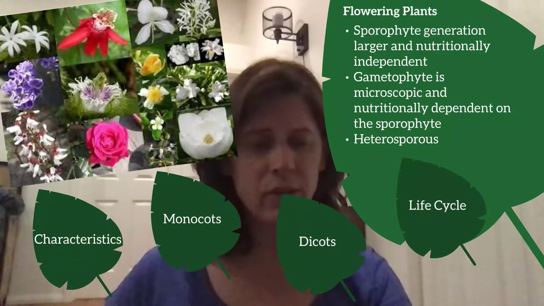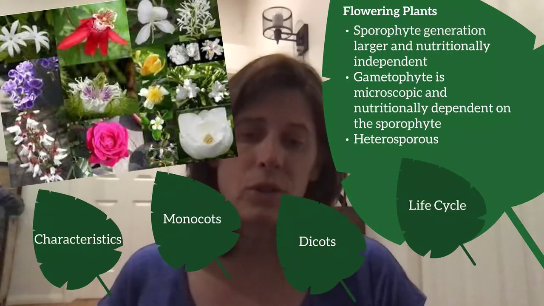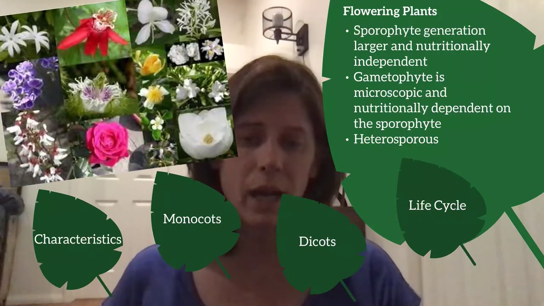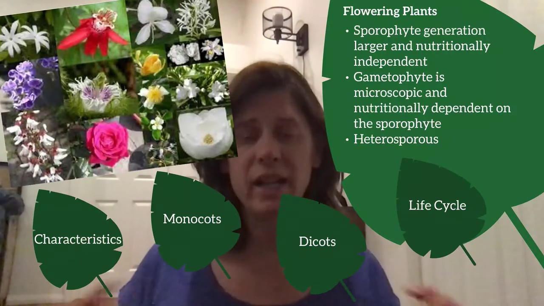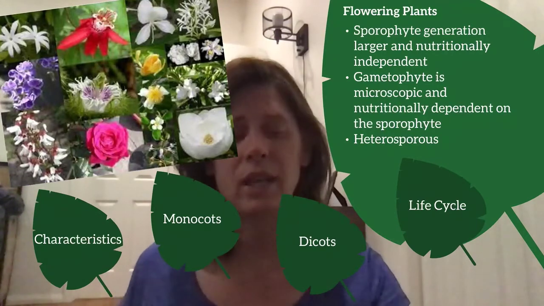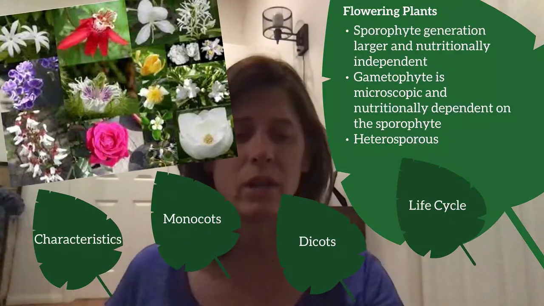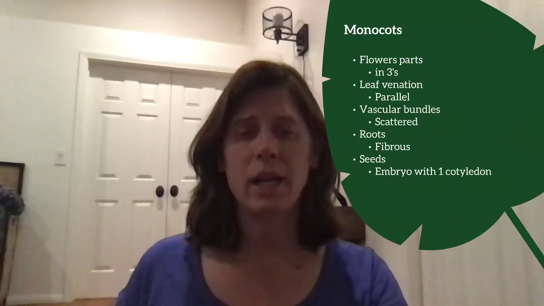So the angiosperms, they can be broken up into two main groups, and those are referred to as the monocots and the dicots. And then within each of those groups, there are different phyla and families and things like that. And again, we're going to worry about the classification at the end of the semester. But let's look at the characteristics between a monocot and a dicot.